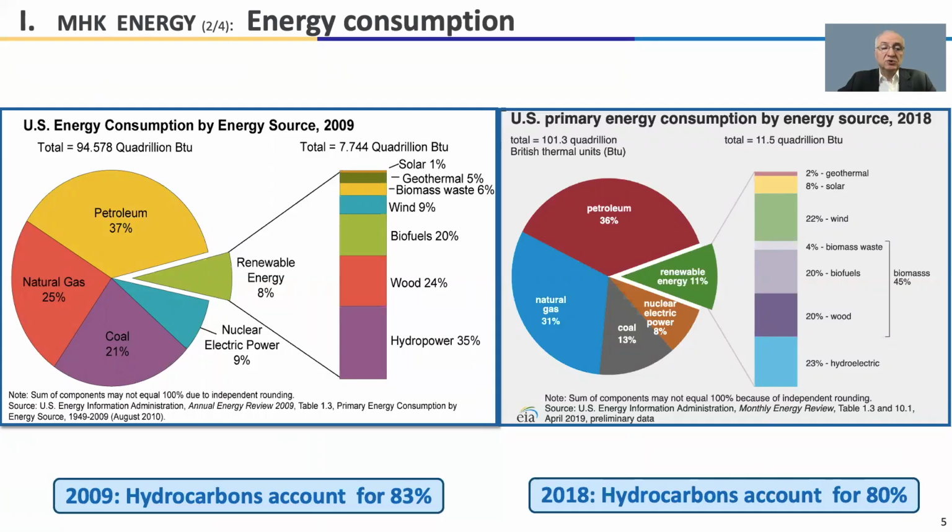We're going to be using every source of energy that we can put our hands on. And of course, fossil fuels, natural gas, petroleum are not going away anytime soon. But you can see here there's progress to use more renewable energy, but the change is relatively slow. In a decade, we have a change of about 3%.